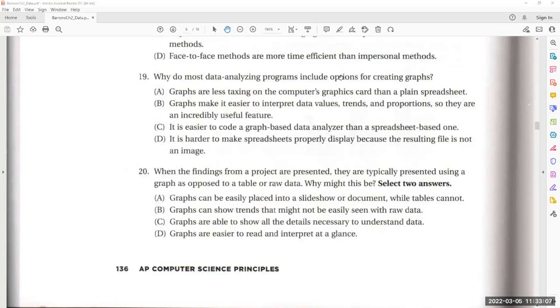Okay, number 20. Let me have Kathleen. D, okay. This is a pick 2 problem. Why do you want to have a graph instead of using a table or raw data?